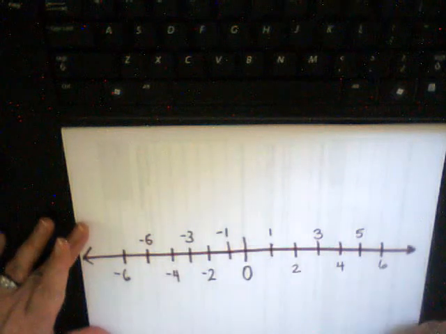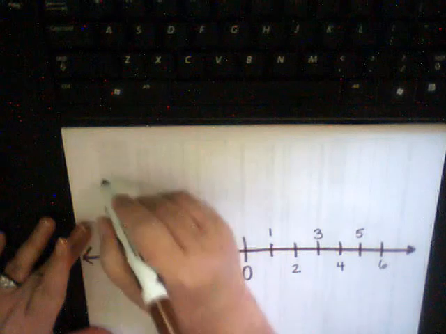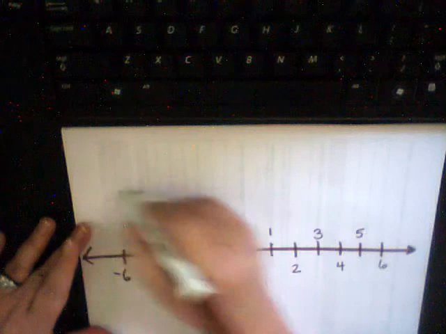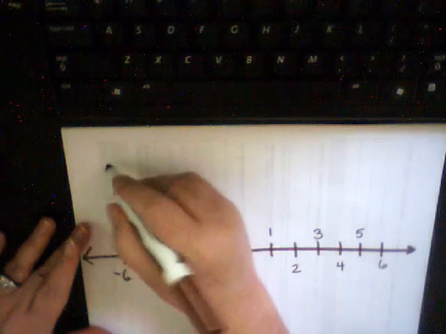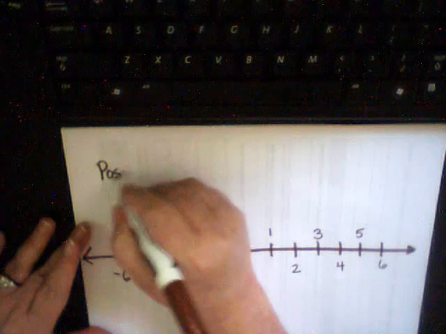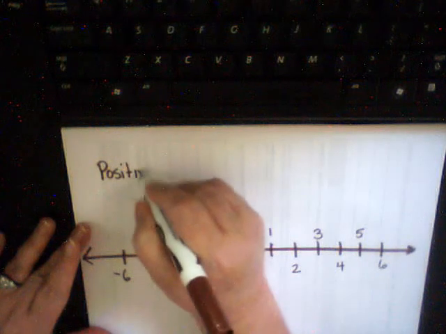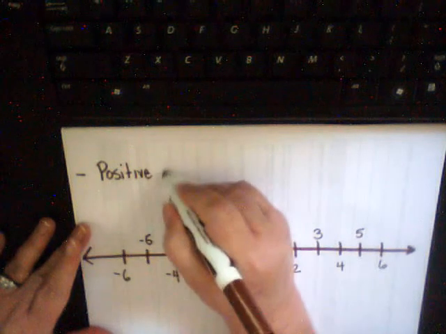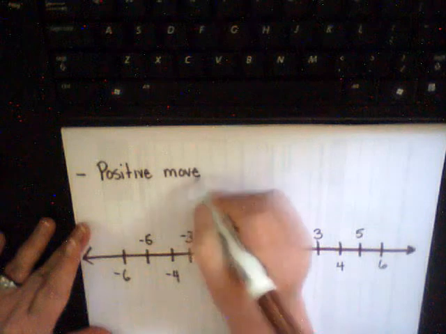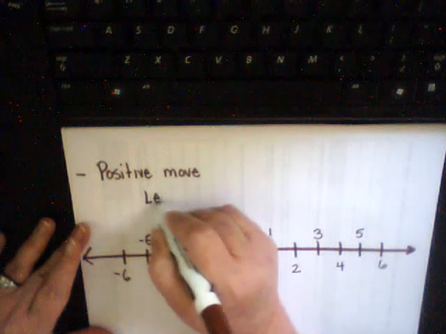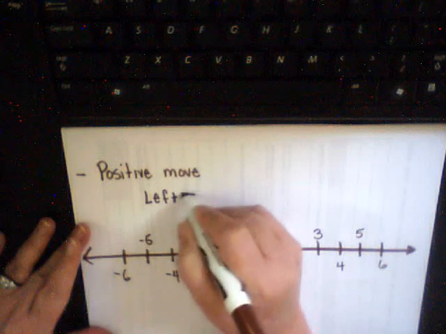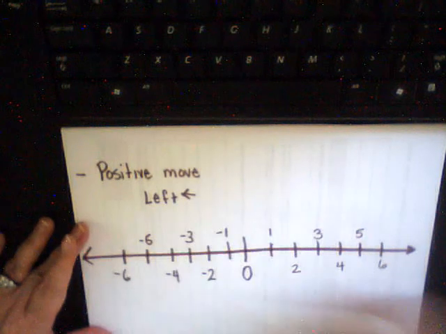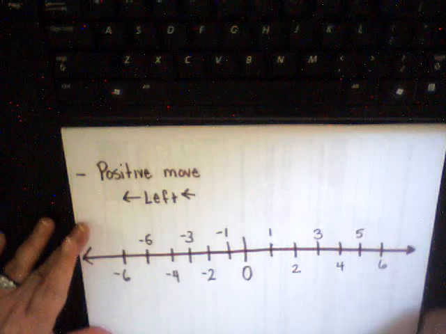Now, first thing we need to know is that when we are subtracting a positive integer, we move left on the number line. So to subtract a positive, we move left. Maybe I should draw it this way. That'd make more sense.